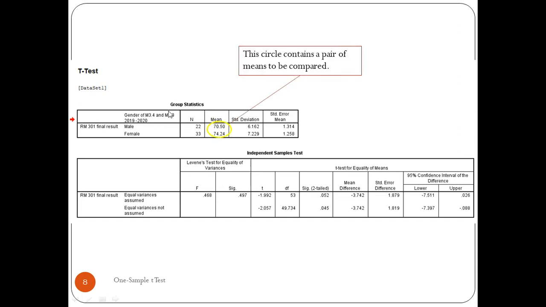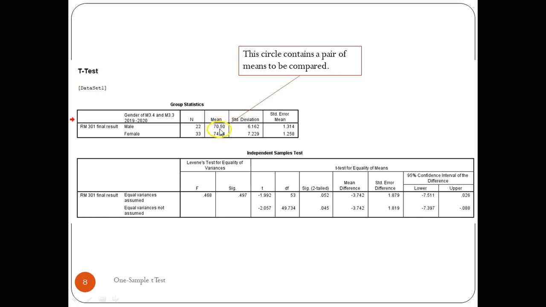In this table, you can see the two groups, male group and female group, and there are 22 males in this research and 33 females in this research.